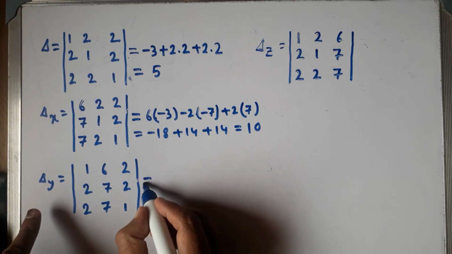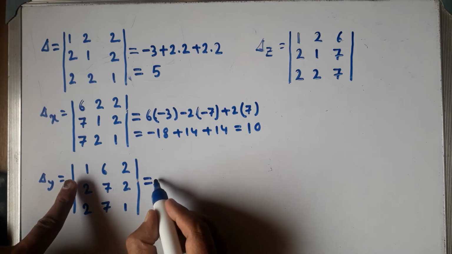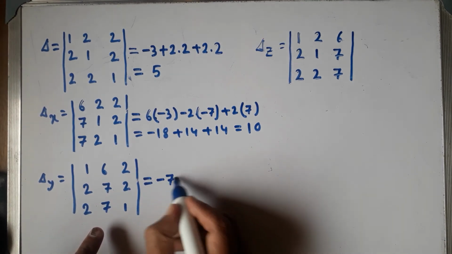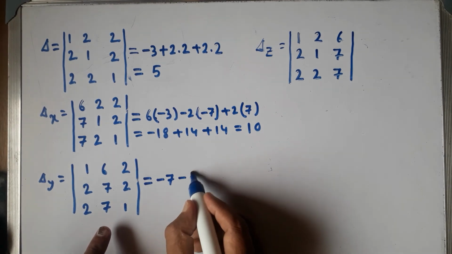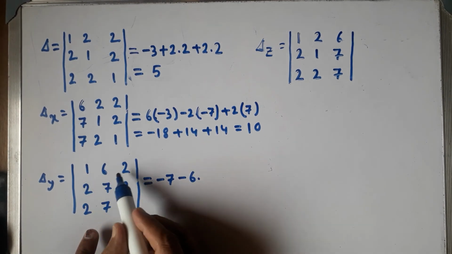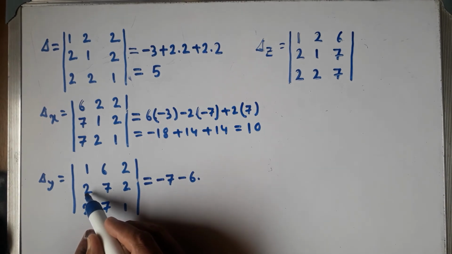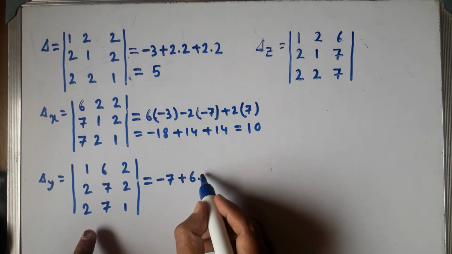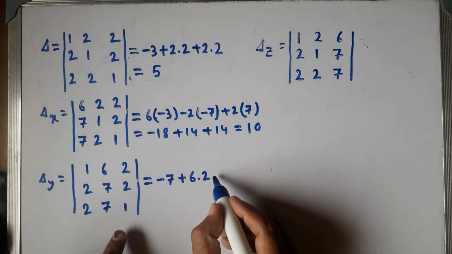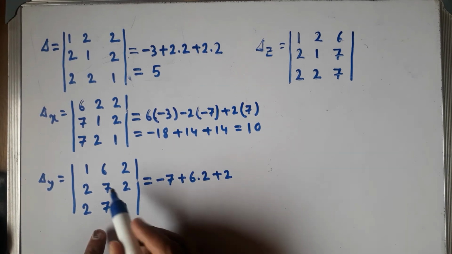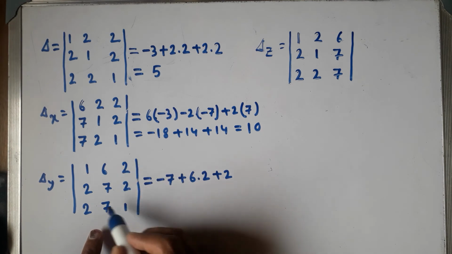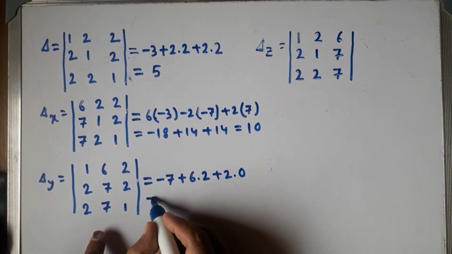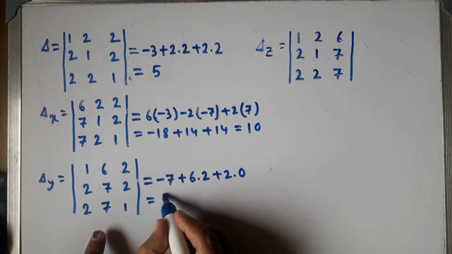Delta y is equal to 1 into 7 minus 14, that is minus 7, minus 6 into this row this column removed. So 2 minus 4, that is minus 2, so it is plus 2 into this row, this column removed, that is 0, so this is equal to 5.